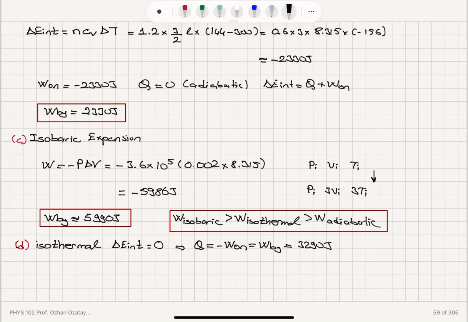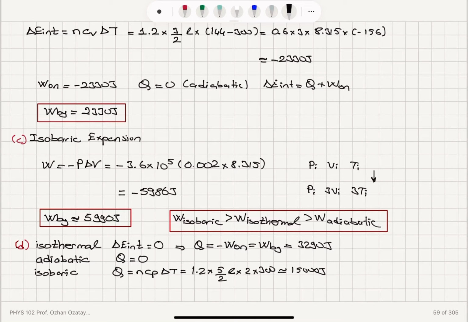Now in the adiabatic process, we know that the heat added is 0, and in the isobaric process, we know that heat added is nCp delta T, which is 1 over 2 times 5 over 2 R times delta T. Now delta T, as you can see here, is Ti to 3Ti, so 2Ti, which is 2 times 300 Kelvin, which gives roughly 15,000 joules.